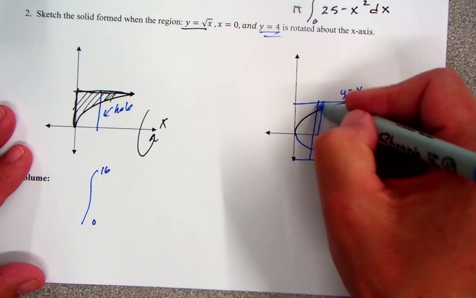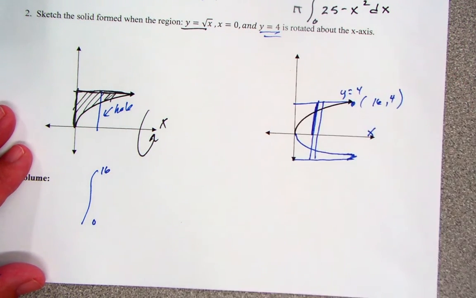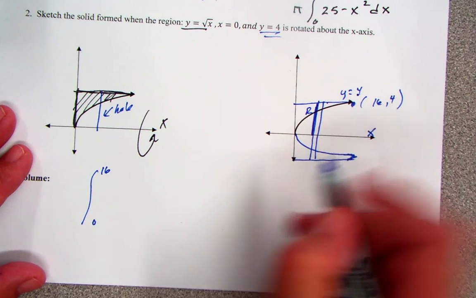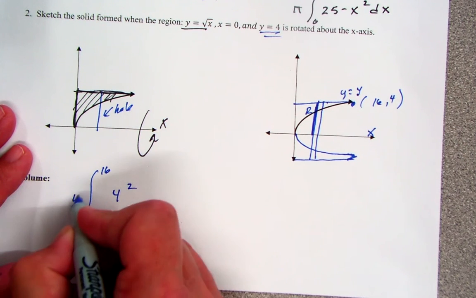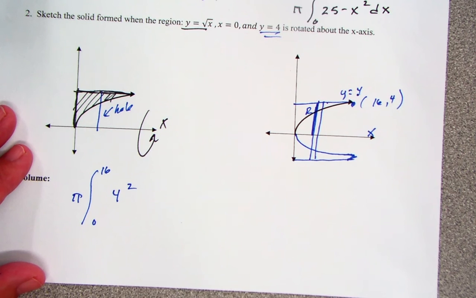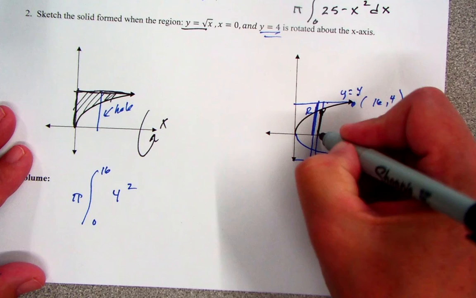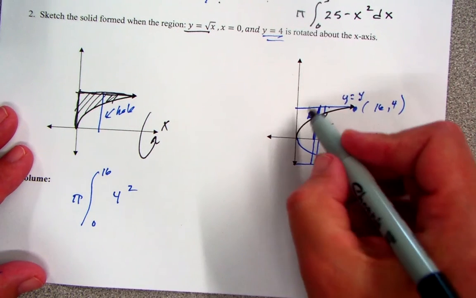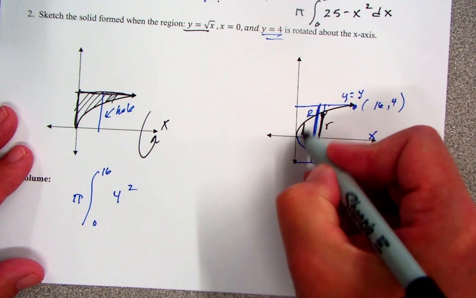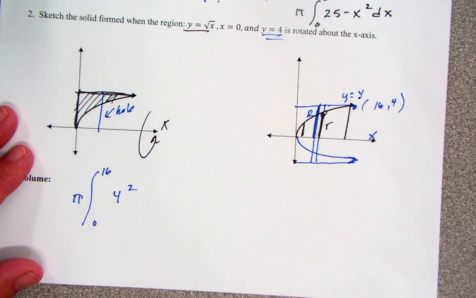The outside radius, we call it the cap R radius, is that length of 4 from that line. So I'm going to go 4 squared. So pi times 4 squared is what it would be if it was a disk. But now I'm going to subtract out this hole, and I'm going to call this lowercase r. And lowercase r changes. Here it wasn't quite as long, and here it's the longest it would ever be.